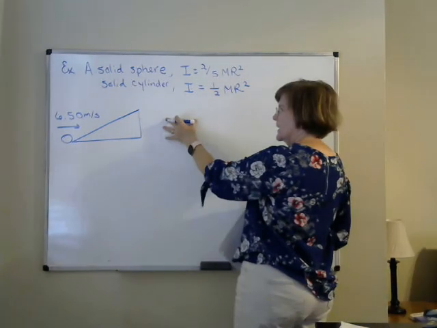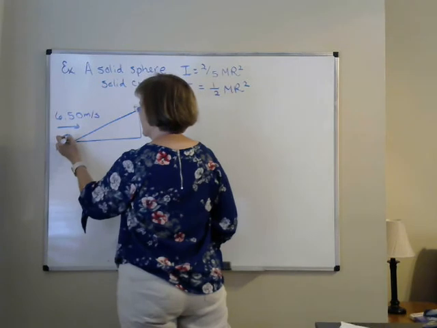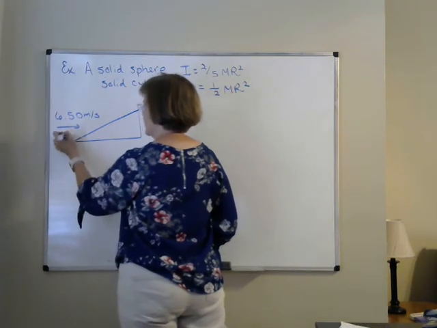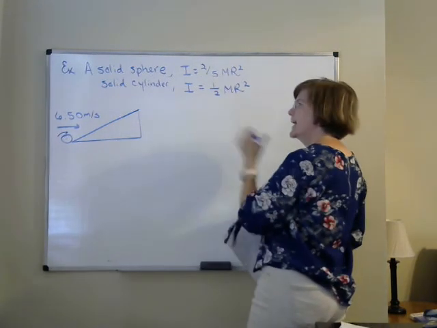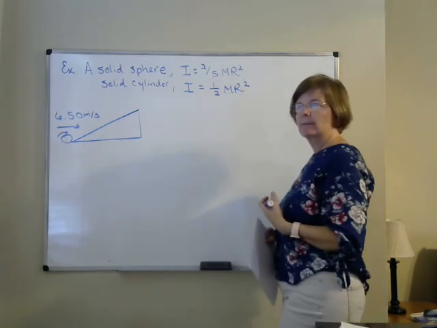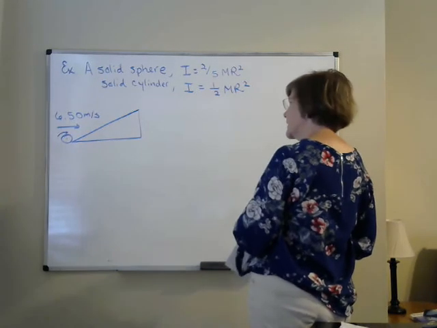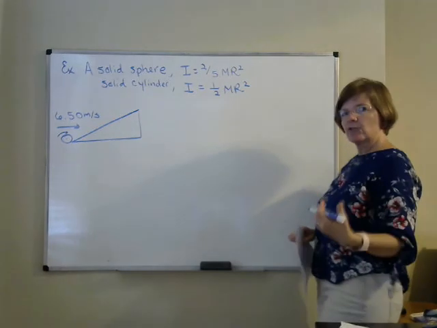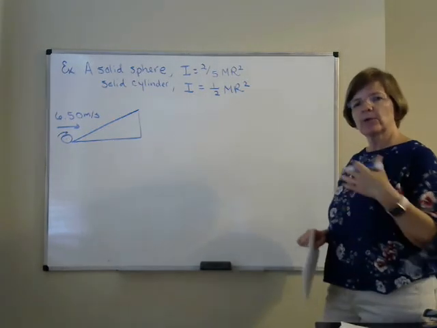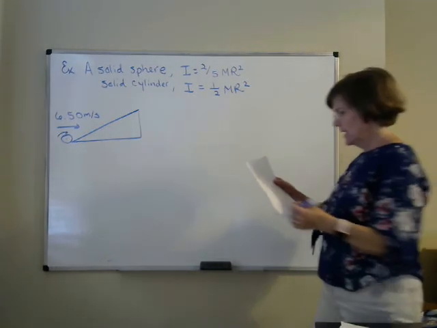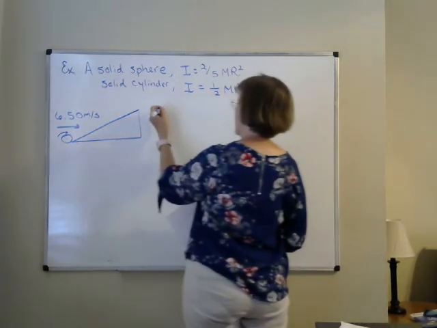At the beginning, this object is spinning, it's rotating, and it's translating. It's really important to remember it's rotating because it's spinning, and it's translating because it's moving either horizontally or up and down or at some angle.